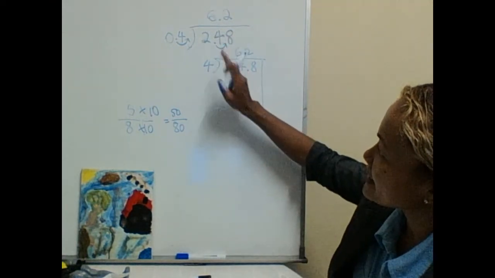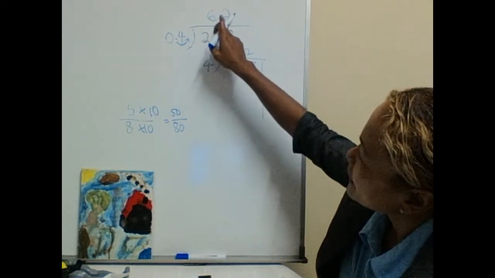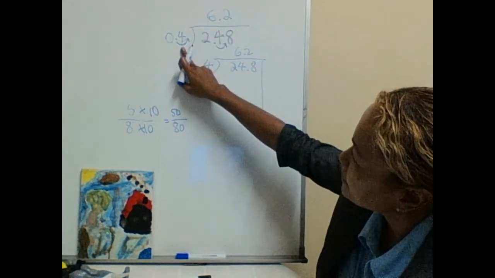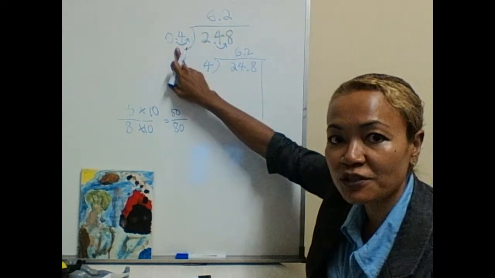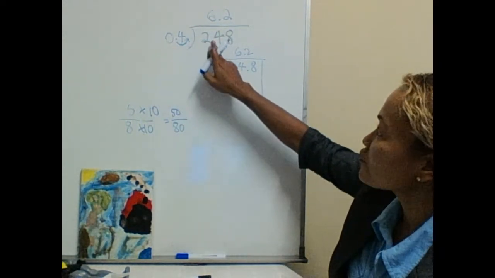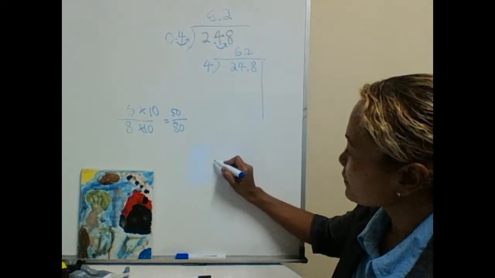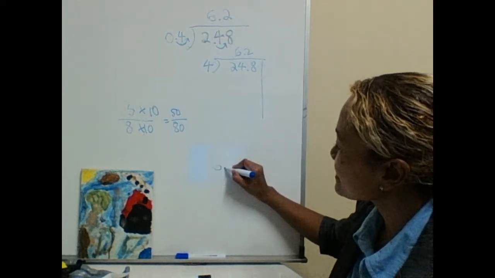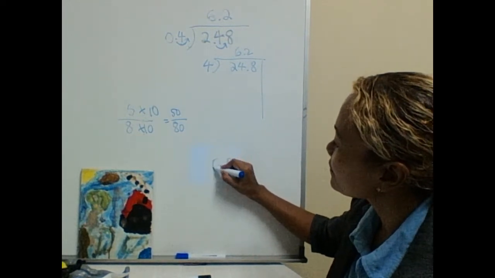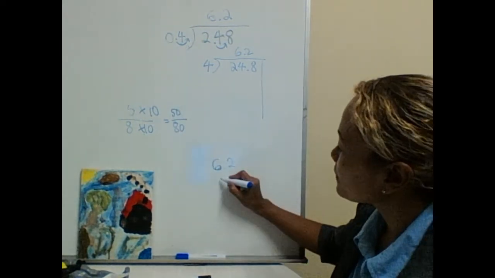Now, if you want to test it, right? Like before we've done the test, with a 0.4, so this is what we changed it to. But if we go to the original, 0.4 and 2.48. So 0.4, you multiply by 6.2. So 6.2 multiplied by 0.4.